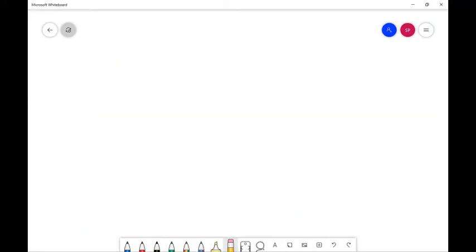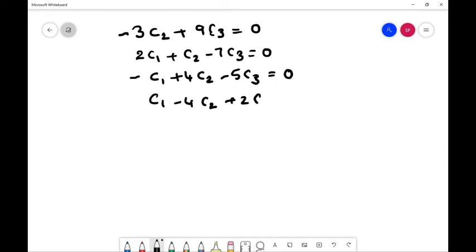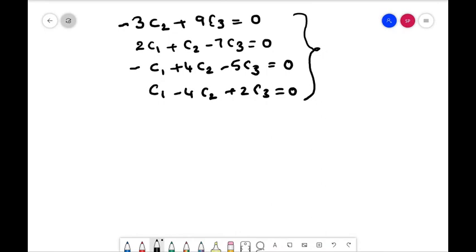This will give me the equations minus 3C2 plus 9C3 is equal to 0, 2C1 plus C2 minus 7C3 is equal to 0, minus C1 plus 4C2 minus 5C3 is equal to 0, C1 minus 4C2 plus 2C3 is equal to 0. So this is again a system of equations. Solving for linear independence or dependence is again solving a system of equations.